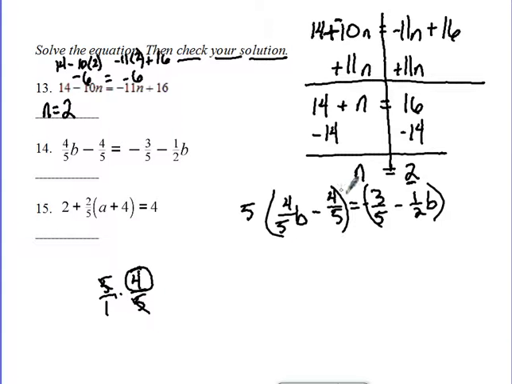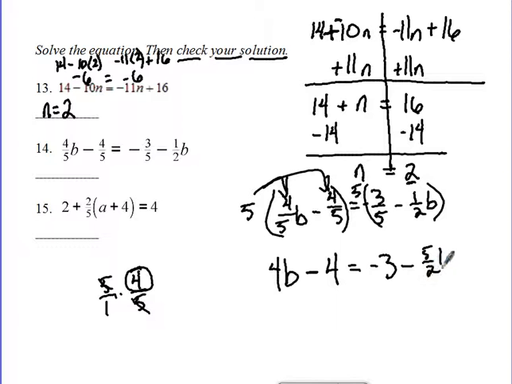So we could really just simplify this very quickly with the ones that have 5 as the denominator. 5 times 4/5 b, using the distributive property, 4b minus 5 times 4/5, 4, equals, and keep in mind we had to multiply by 5 on both sides, 5 times negative 3/5, negative 3, and this one is not quite as simple. 5 times 1/2 is 5 halves times b.